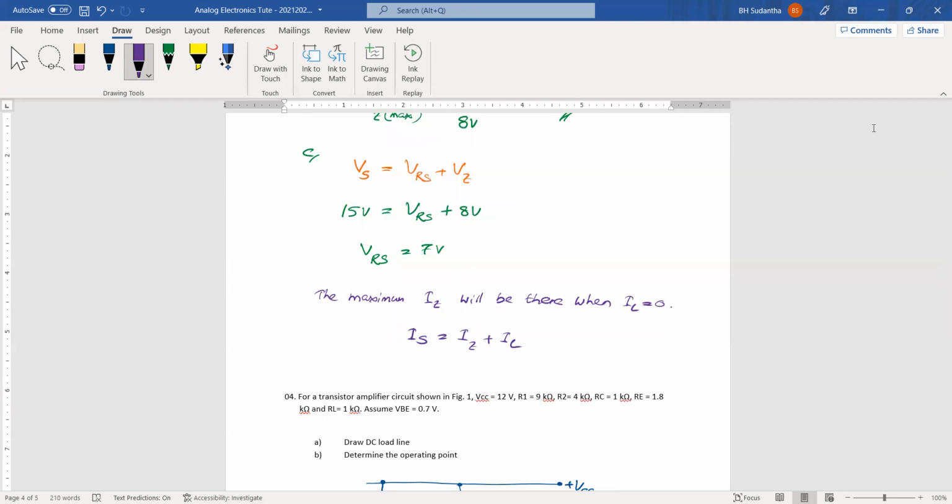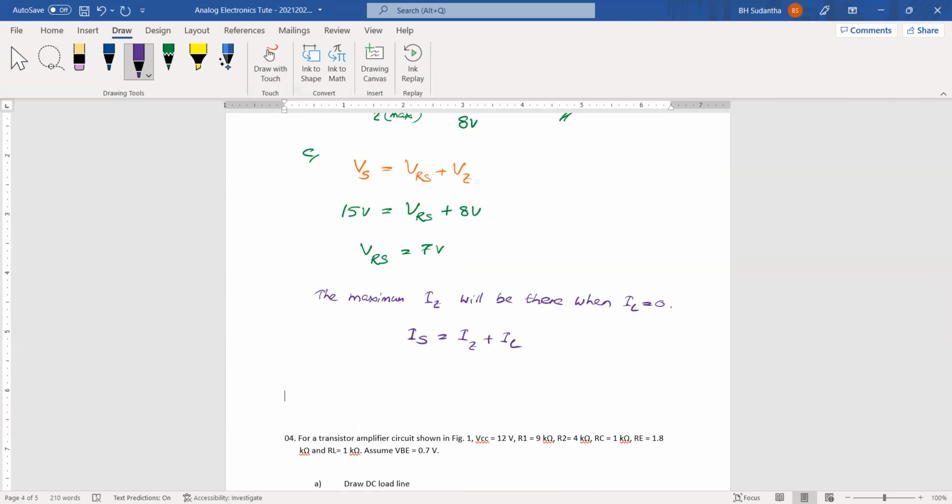Then we can take IS as IZ. Then we can calculate IS, because VRS we have to find RS.